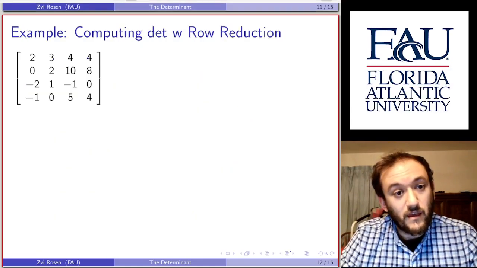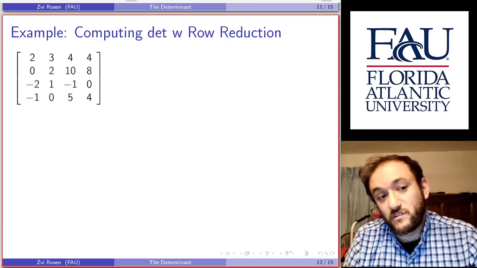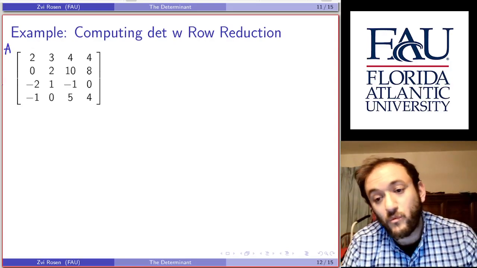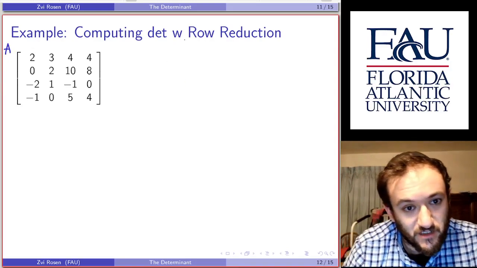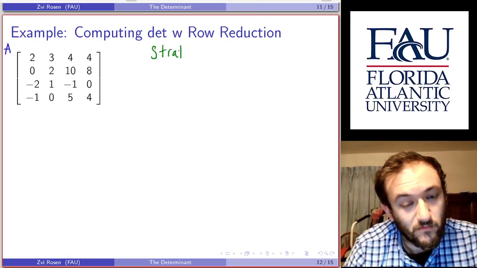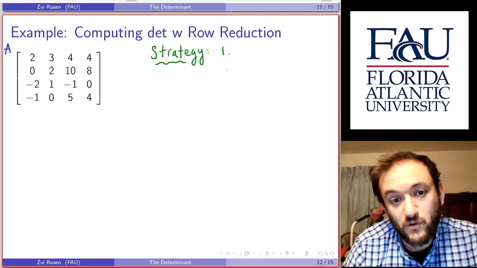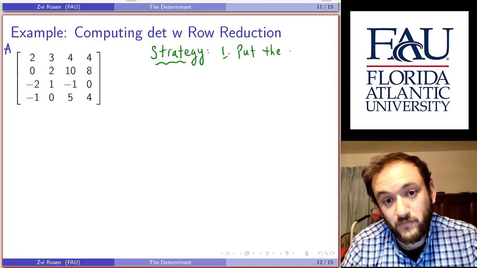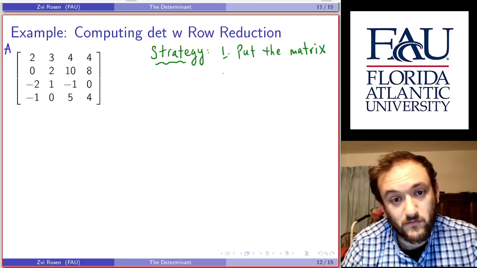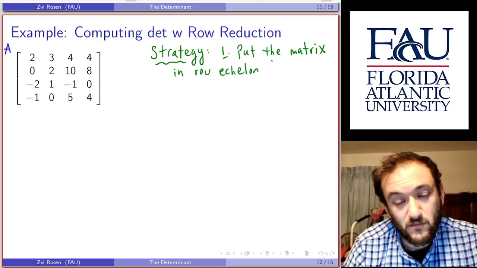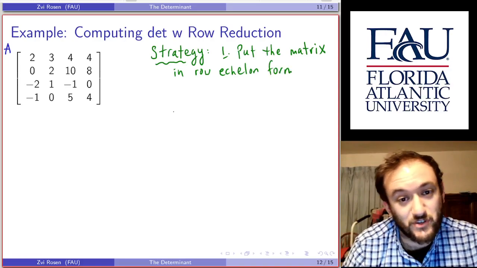So how can we use that to help us compute the determinant? Well, let's say this is our matrix A. Here's our strategy. First, we're going to put the matrix in row echelon form, and that is, by definition, an upper triangular matrix.